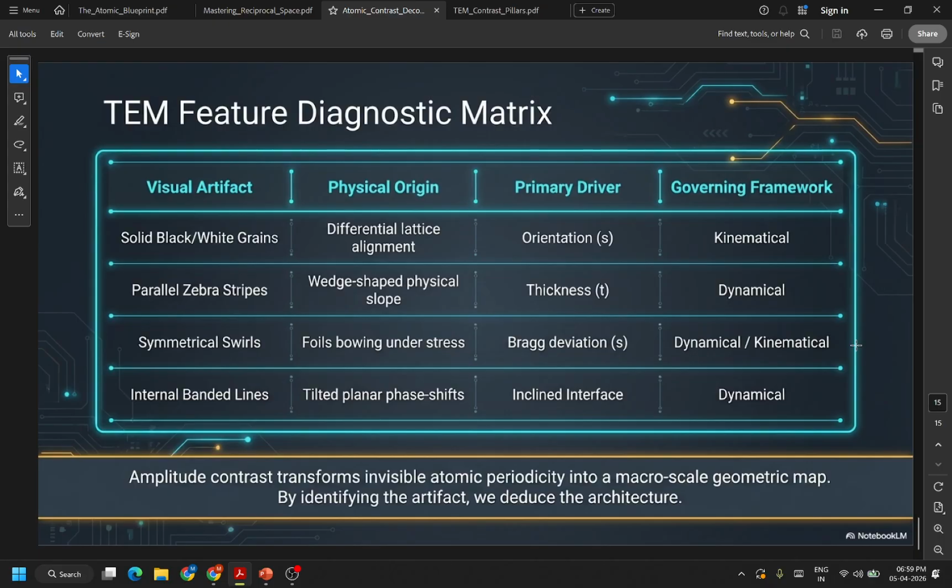If you are seeing symmetric swirls, it is coming from foils bowing under stress, due to deviation from the Bragg angle, and it's governed by both the dynamical and kinematical frameworks. And if you're seeing internal banded lines, it is coming from tilted planar phase shifts, which is an inclined interface, and it is again the dynamical framework.